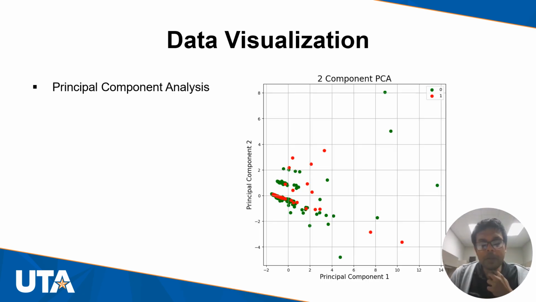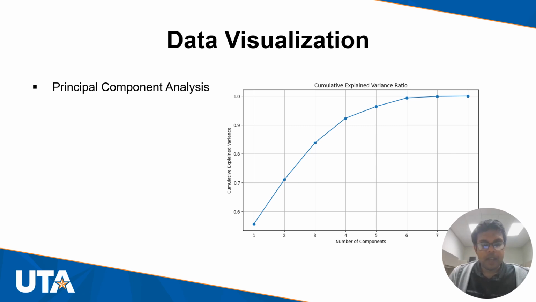So this is the principal component analysis to see which components are important in the features, and that also shows some outliers in the diagram. This cumulative explained variance ratio clearly shows that even taking the first 5 features will allow me to attain about 95% of the variation in the model.